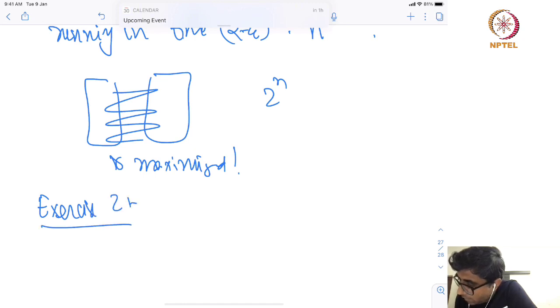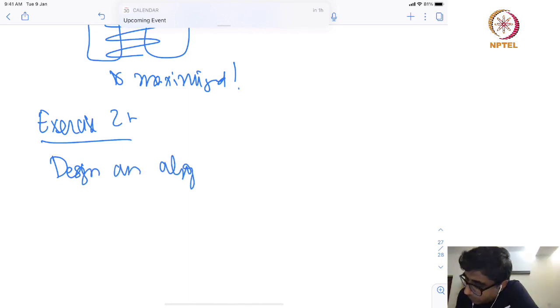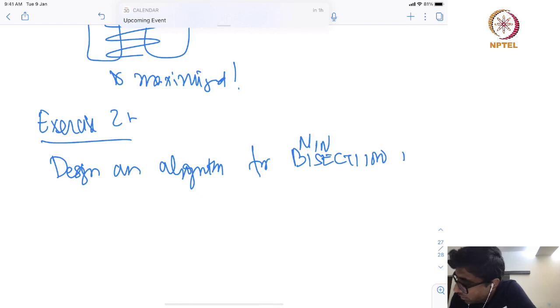Exercise 2: design an algorithm for bisection, let us call it min bisection, in time 2 minus epsilon to the power n. So what is a min bisection?